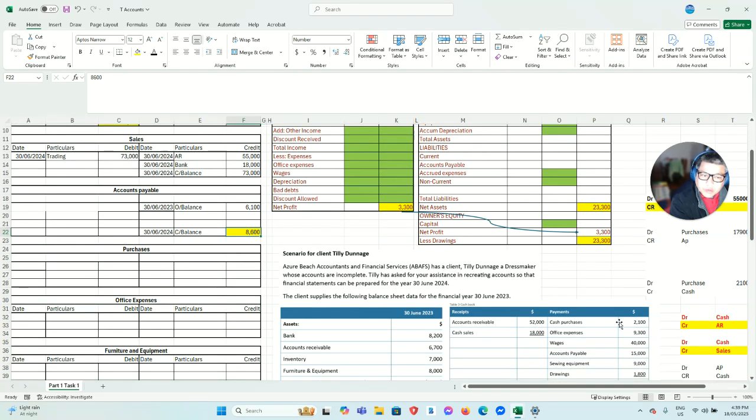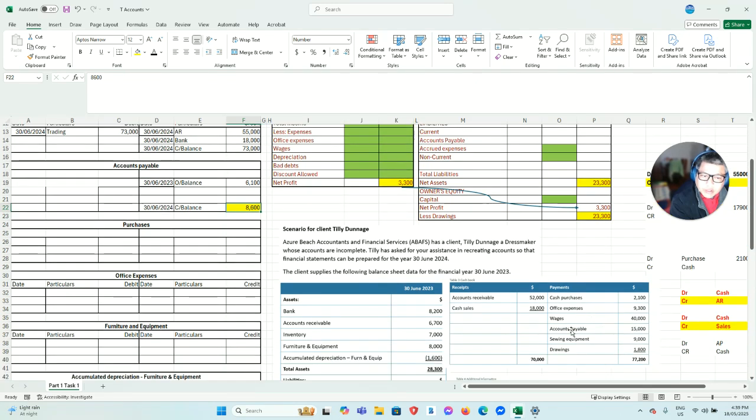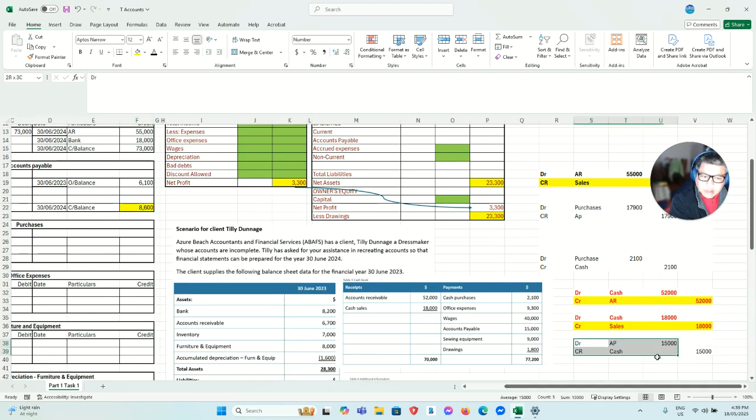So for accounts payable, you have to look at the cash payment journal. Do we see any accounts payable here? We have accounts payable 15,000. What it means is this is a credited cash, so that means debit the accounts payable. So this is the journal behind the scenes. Okay, so you're going to have this highlighted.